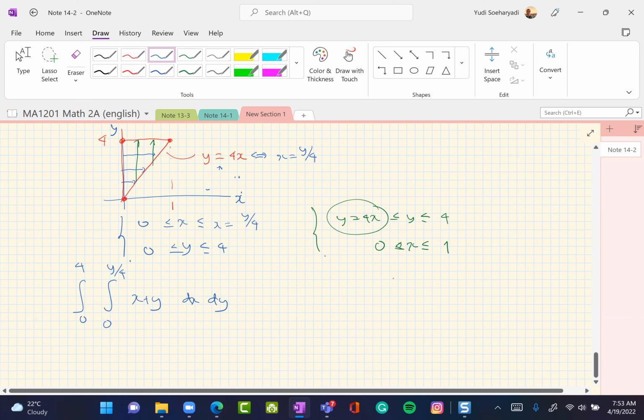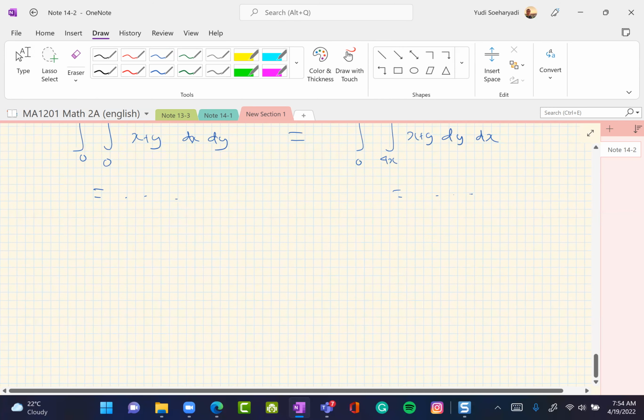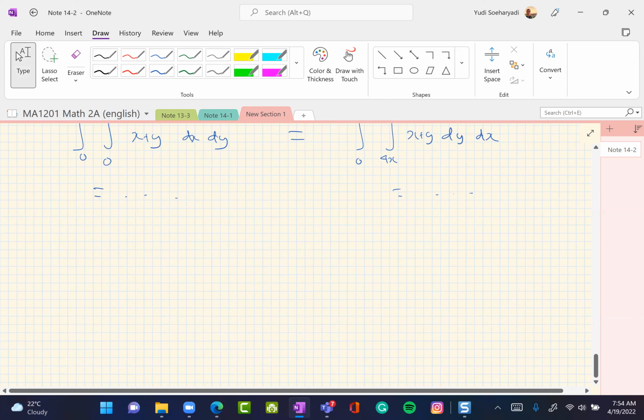And using the other formulation, y first, y goes from 4x to 4, and x from 0 to 1. That would be the same. Then you can compute this one and check whether they are the same thing. Okay, any questions?